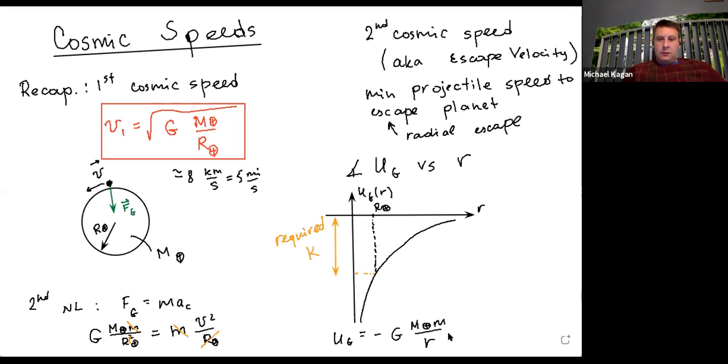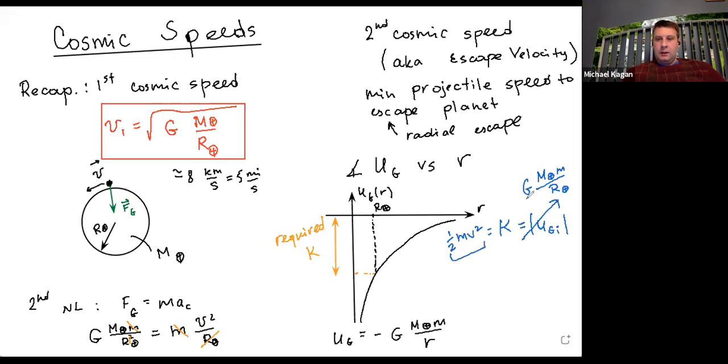So what is it? K equals the magnitude of UG initial, because UG final is 0. Okay. So what is this? This is just this expression here, if you substitute the Earth radius. And this is equal, as you understand, to 1/2 mv squared.